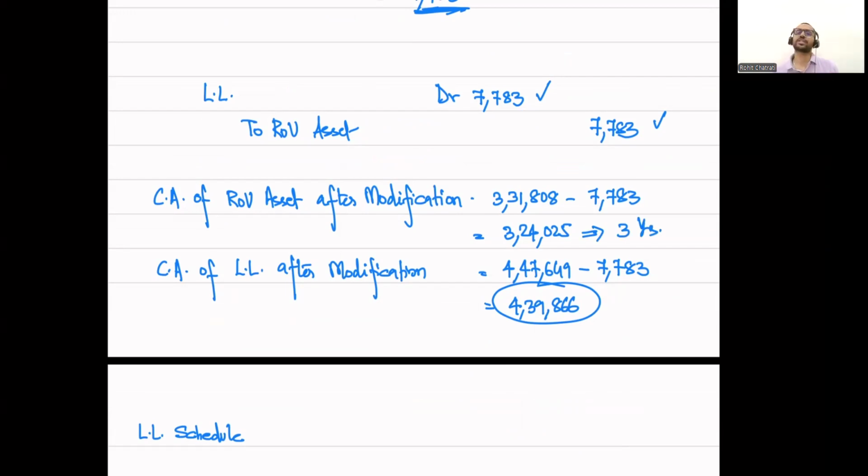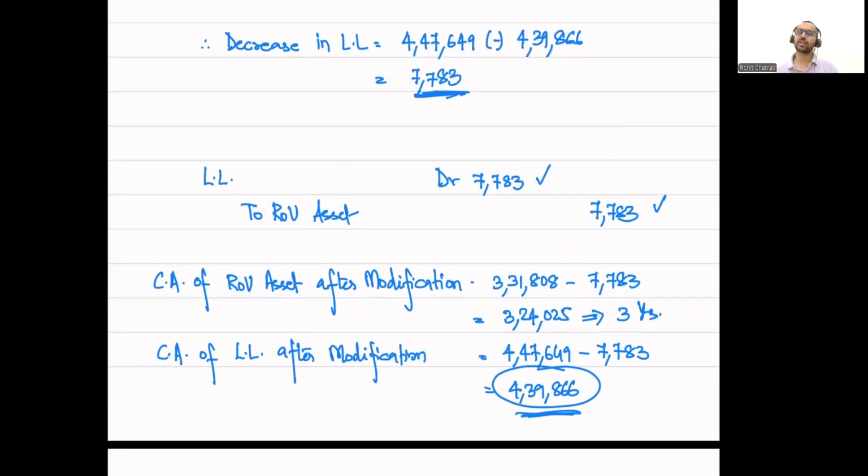We will have a revised lease liability schedule based on 439,866 and a discount rate of 11 percentage. We will have for a period of 3 years interest calculated at 11 percentage, which is the discount rate that has been used to arrive at this 439,866.